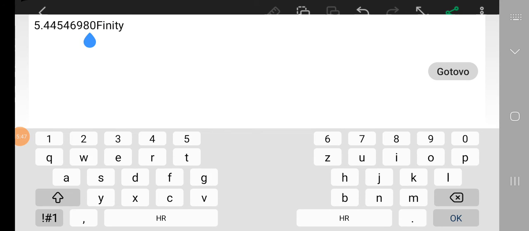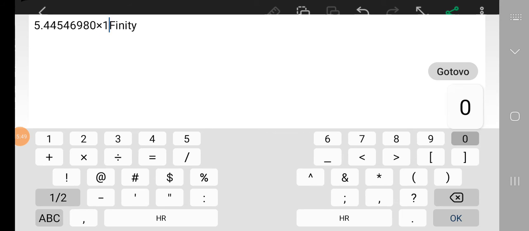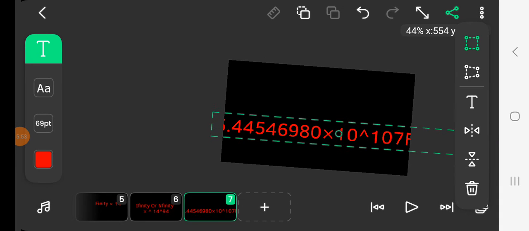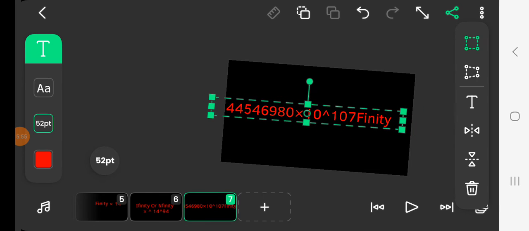This random number right here. We shall get this number right here. That's how big this one is, right?